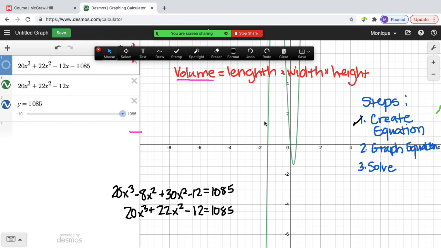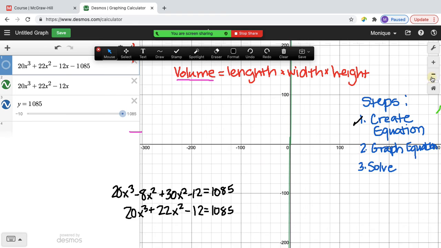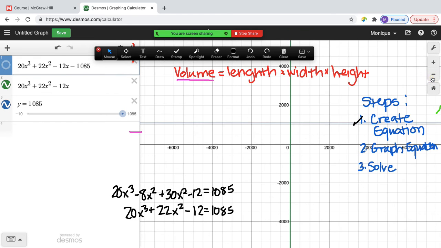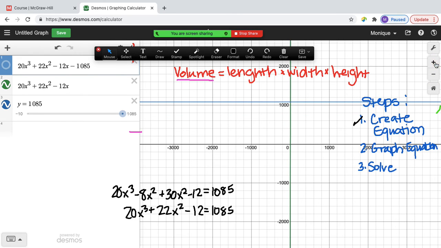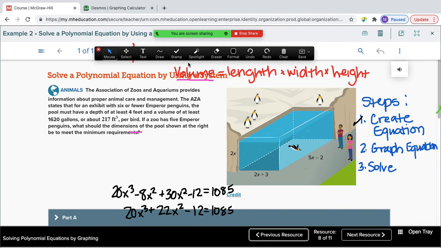Now 1085 is very far up. So here's where we need to zoom out until we see that there. And there is our intersection at 3.5. So whichever method you like, you still get the same answer. So 3.5 is our solution. So that's what we get from our graph, is what x equals.